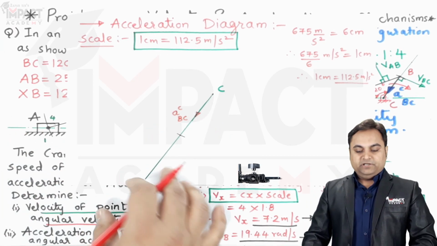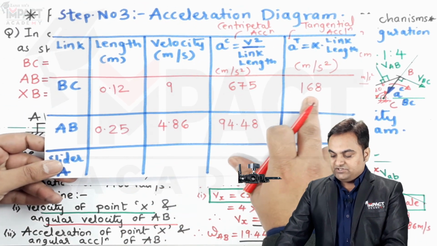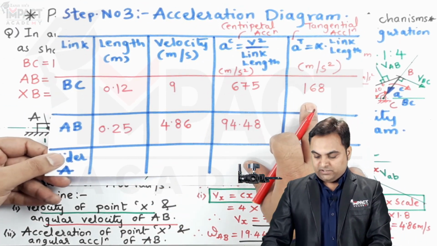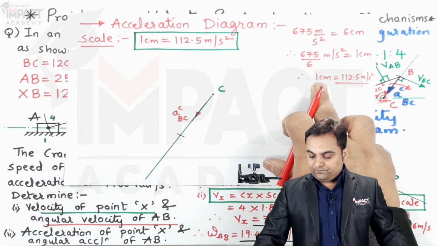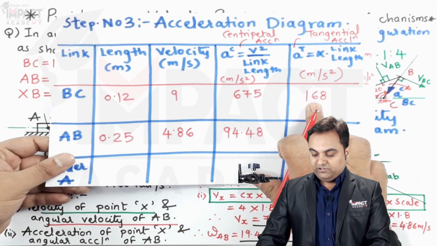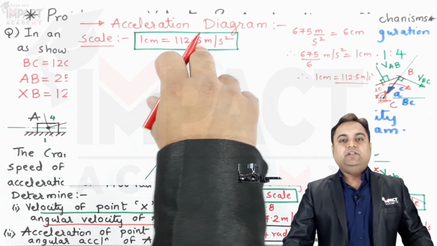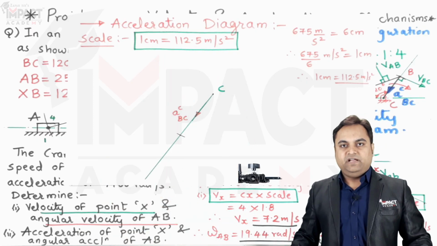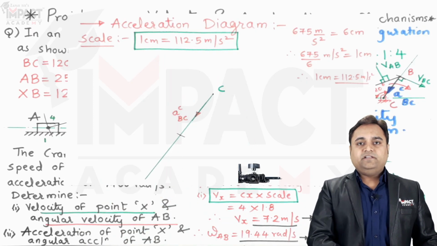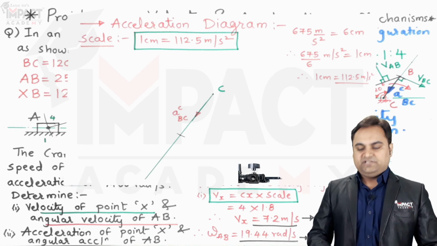Then after centripetal acceleration, we have to go for the tangential acceleration. Its tangential acceleration is 168, and as per our scale, we have taken 1 centimeter as 112.5. So we have to divide 168 by 112.5 to get the value in terms of centimeter. That would give us the value. But just before getting the value, I'll explain the sense in which the tangential acceleration is acting.